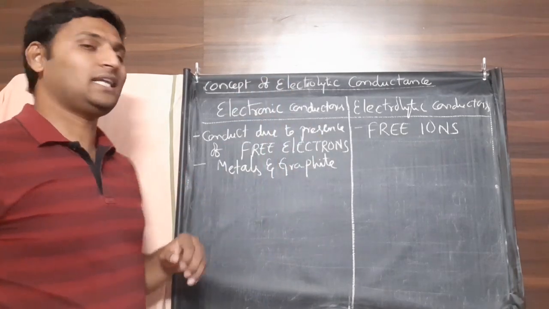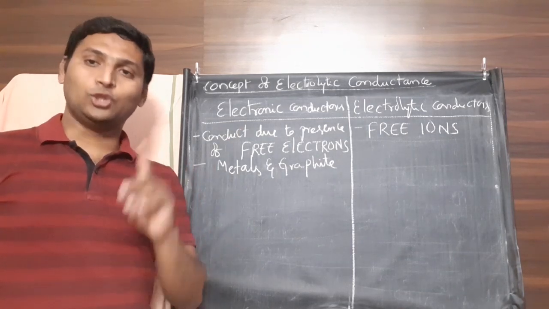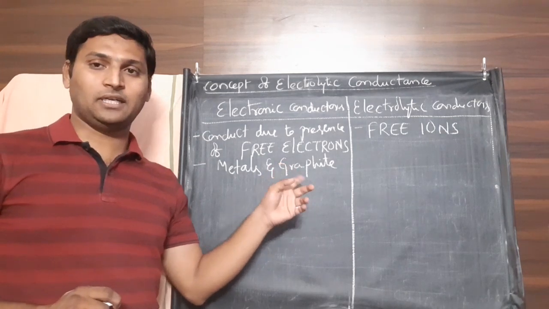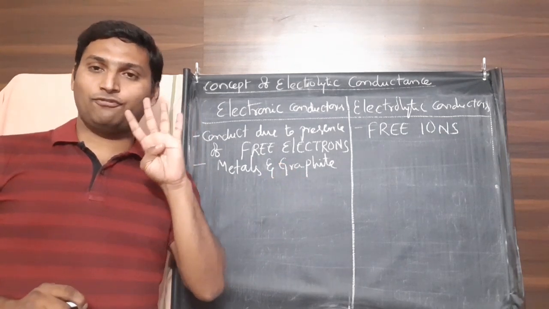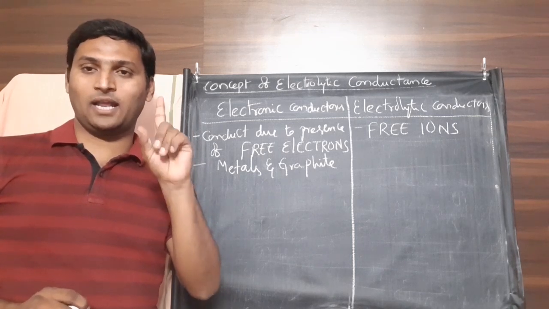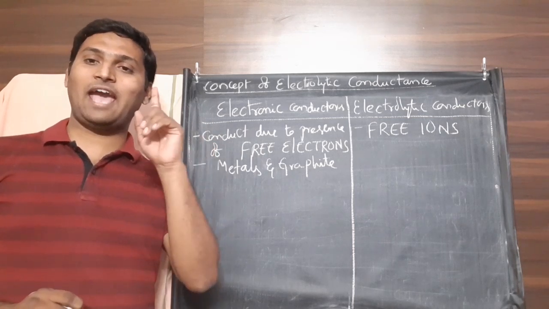You know, graphite is one of the allotropes of carbon, and carbon is a non-metal. Generally non-metals don't conduct. But in graphite, out of 4 valence electrons of carbon, only 3 are used for bonding, 1 is free. Due to a free valence electron for every carbon.